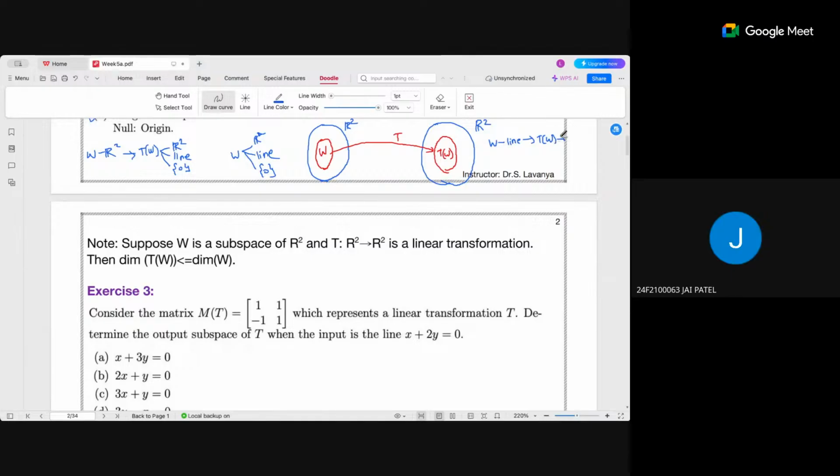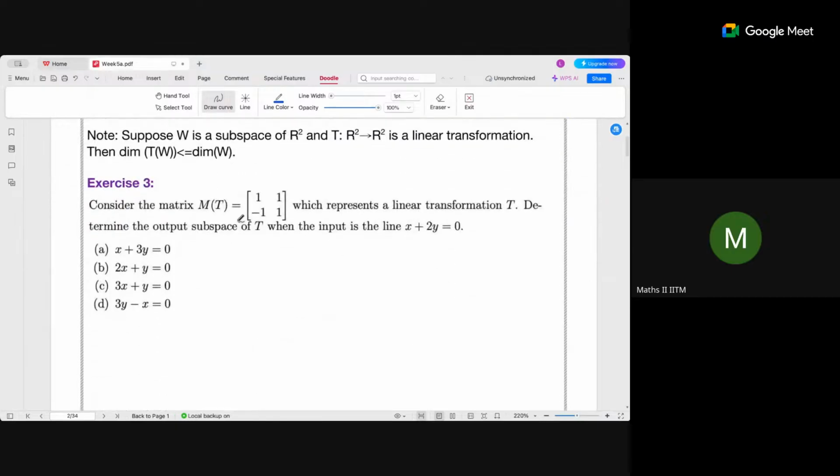Either it should be again a line or it should be the origin. And if W is just the origin, then T of W should be the origin. So that is what this note says. We have already seen this also. Now consider the matrix M of T, which represents a linear transformation T. Determine the output space. What is meant by output subspace?